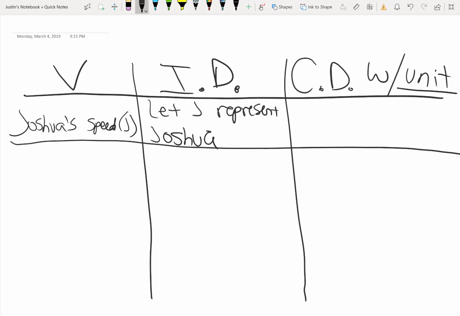Okay, so if we think about speed, think of a unit of measure that we could use. All right, miles could be one, but also think of the unit of measure meters. So I'm going to say over here, let J represent where it says the complete description with units.